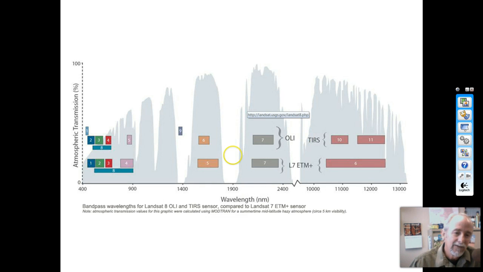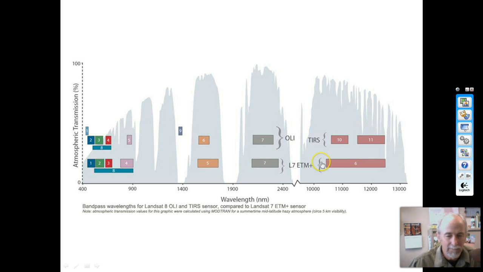And then this diagram here shows you a bit of the curve of energy that is available, electromagnetic radiation that's available with the occlusions, or the places where the atmosphere shuts down because of absorption and scattering. And it shows you the spectral range of the various Landsat TM sensors.